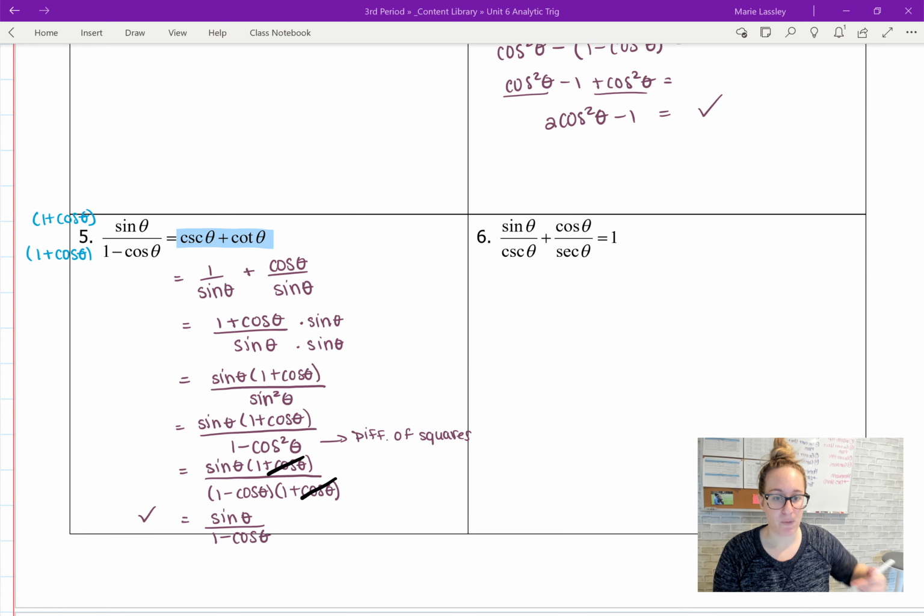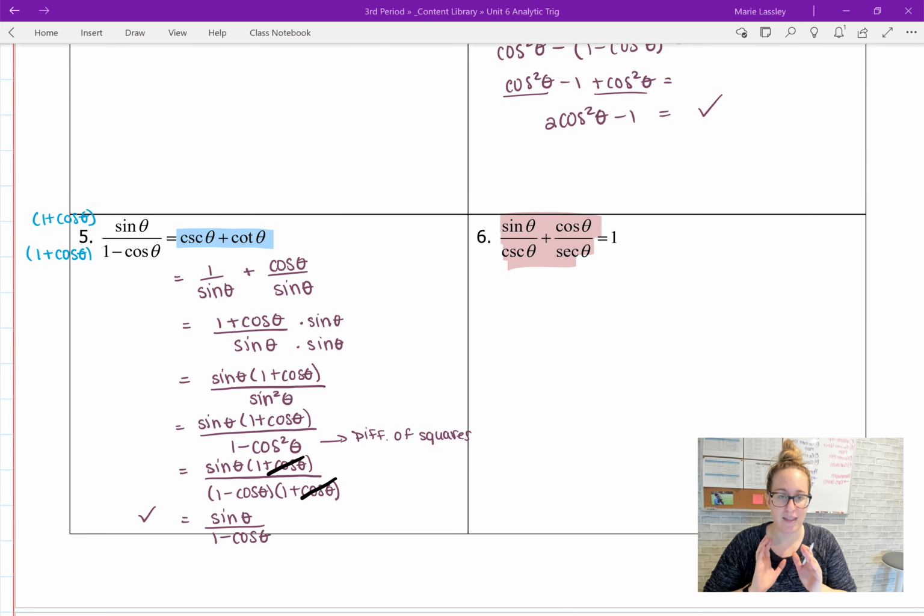This is an easy one to figure out what side to work with. I'm definitely going to be working with the left-hand side for this one. The first thing I'm going to do is rewrite everything into separate fractions, because I have sine over cosecant, and I know those go together.